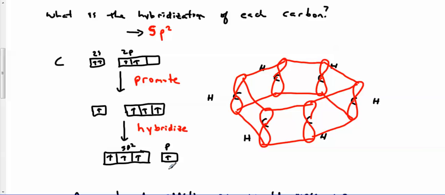So I've drawn this guy. Check. I have to draw these. They're sp2 orbitals. I'm going to change my color. There's three of them. Every carbon's got three of them. One will bond to a carbon on that side, one will bond to a carbon on that side, one will bond to that guy.